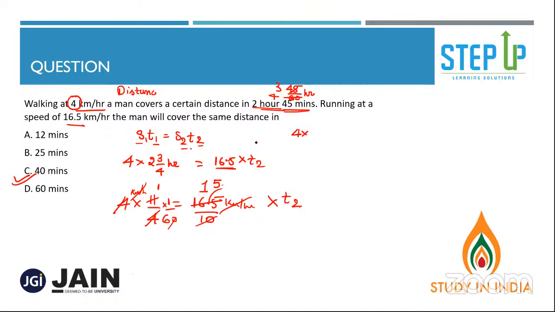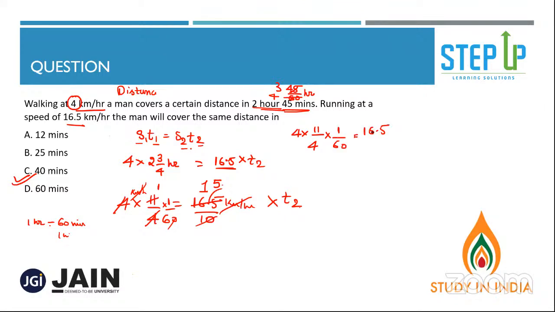4 into 2 and 3 by 4, that is 11 by 4 hours, converting into minutes, into 60. 1 hour is equal to 60 minutes, so 1 minute is equal to 1 by 60 hour, correct. This has to be 1 by 60.